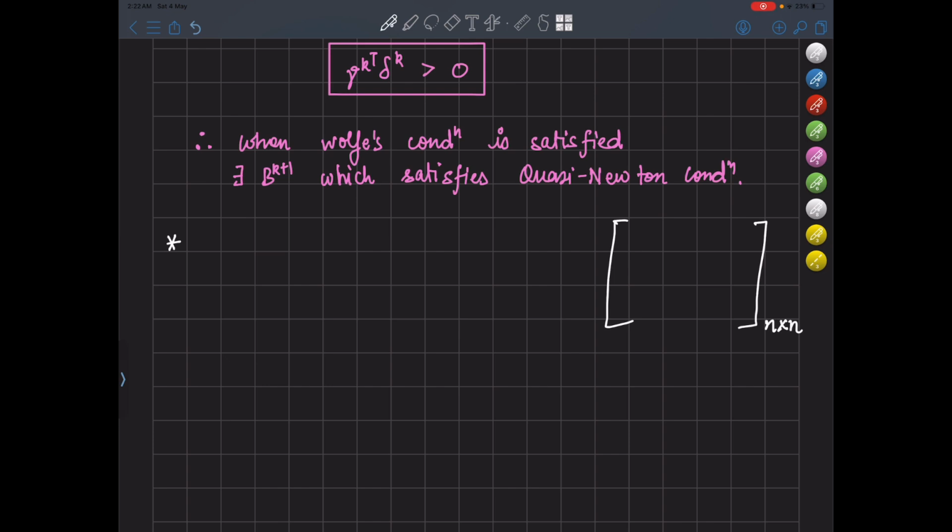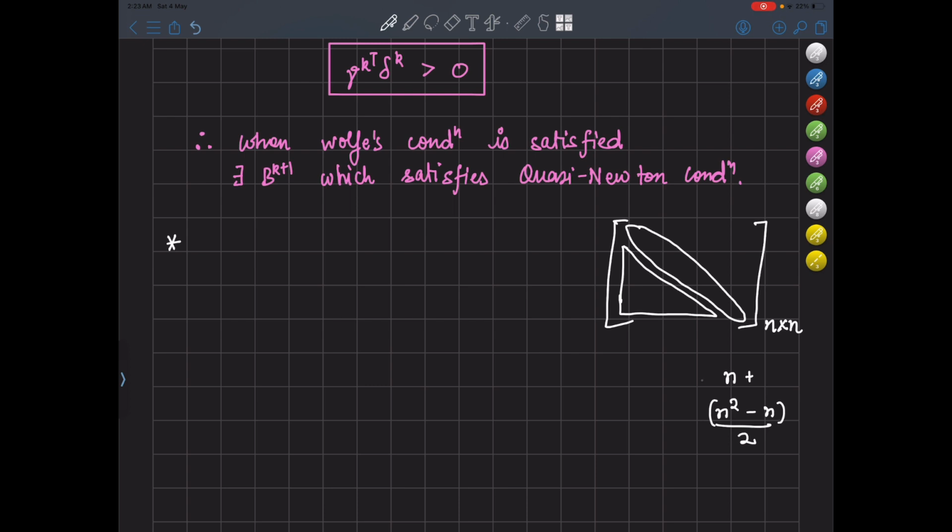Because it's symmetric, the number of independent variables will be all the diagonal elements, that is n, plus all the elements in the lower triangle except the diagonal, which is (n square minus n) by 2.